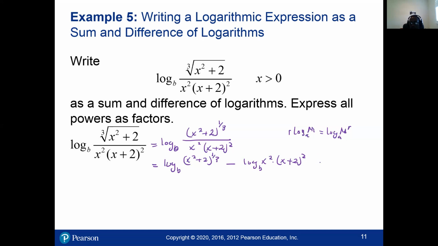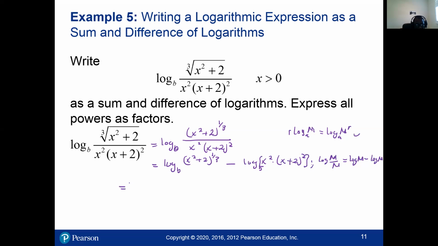So we use the property which says that log of m over n is log m minus log n. Then we use this property again, but before that, let's look at this. That's a product, so we're going to write it as a sum.